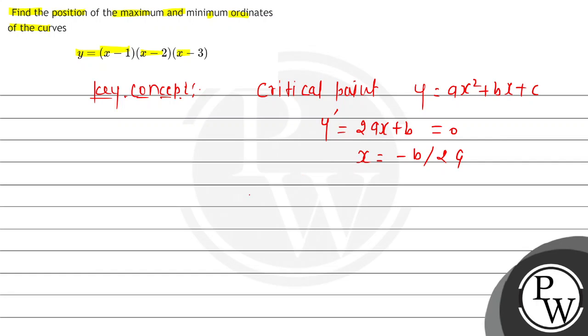After that, we differentiate again with respect to x and check after putting this value in. If d²y/dx² is negative at that particular x, then it means the curve gives a maximum at the point x, giving maxima at x.